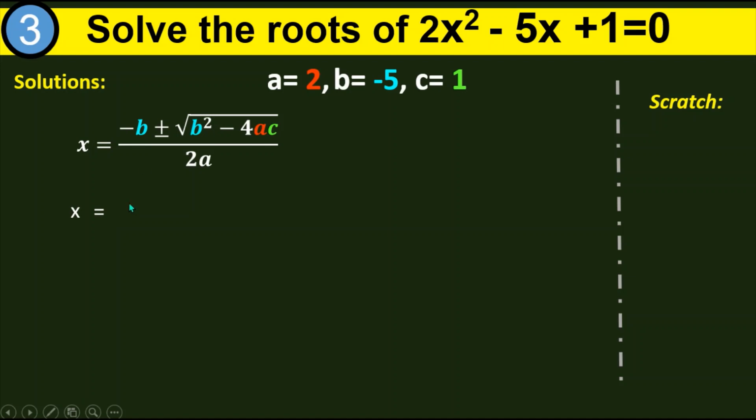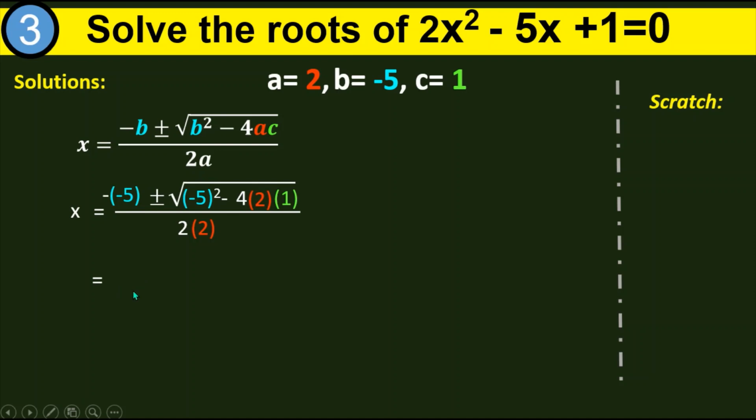So, x is equal to negative of b, which is negative 5, plus and minus square root of, square natin yung b. So, we have negative 5 squared minus 4 times 2 times 1 all over 2 times 2. Okay, a is equal to 2.